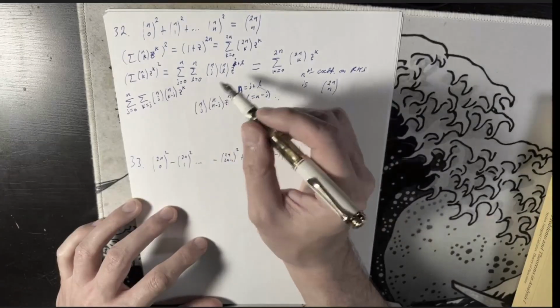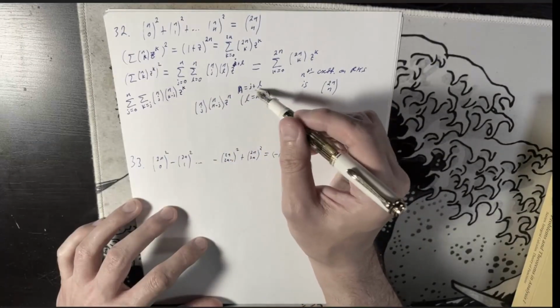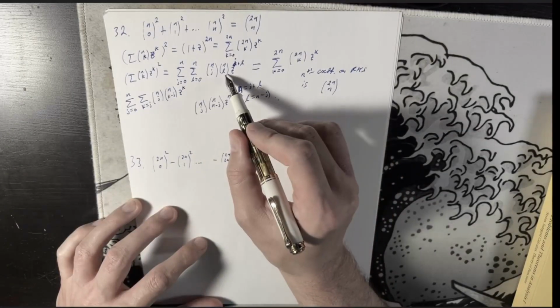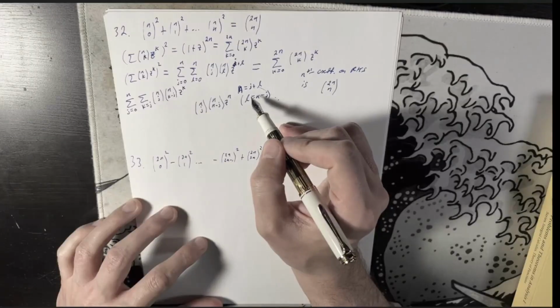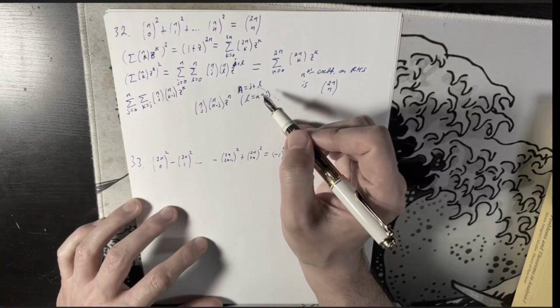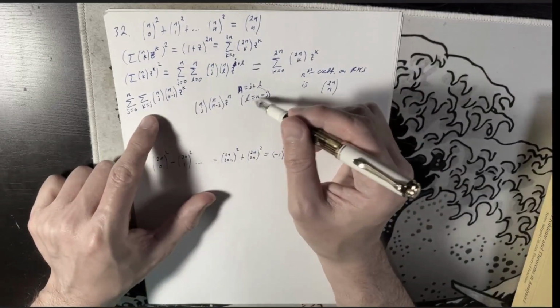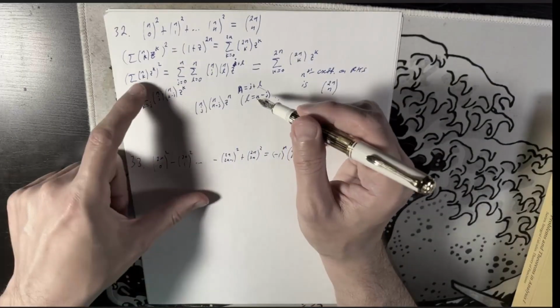You can do that, is what I'm saying. I just did the same thing, but with a k. k equals j plus l means l is k minus j. Yep. But l still goes from 0 to n.